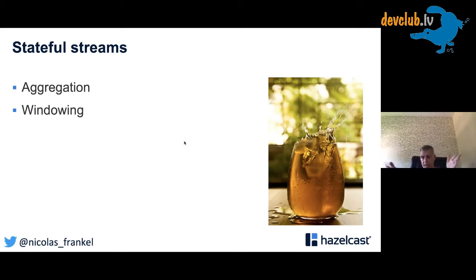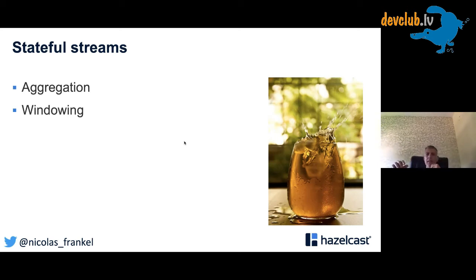So you have different kinds of windows. You have windows that don't overlap, just like every hour, or you have sliding windows. You have different ways to aggregate data. I won't talk in detail about it, but just think about what you can do with it.